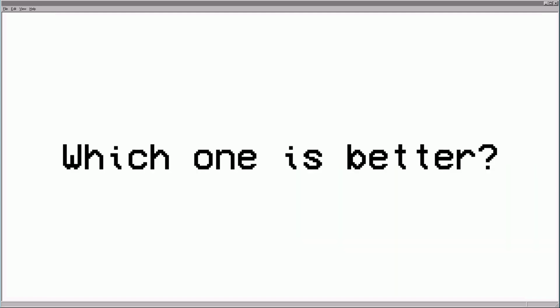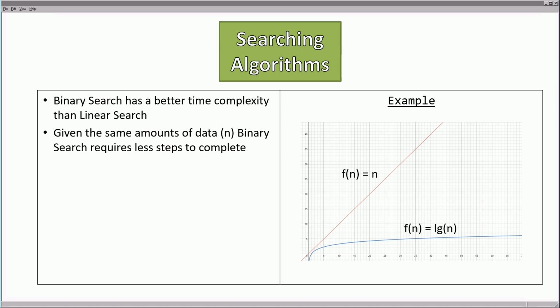Now we have to determine which one was better, which one was more efficient in terms of time. Plotting both of these functions on a graph, this is what they look like. This is linear search, this is binary search.